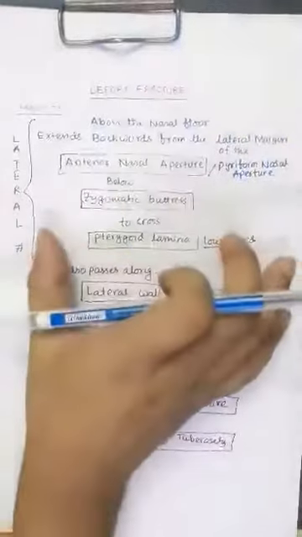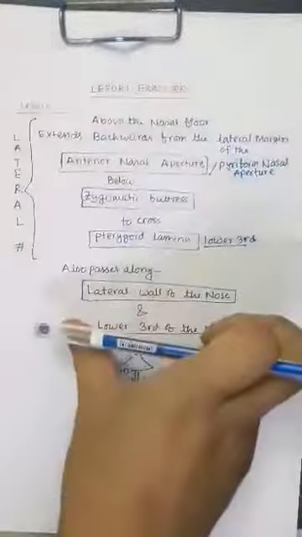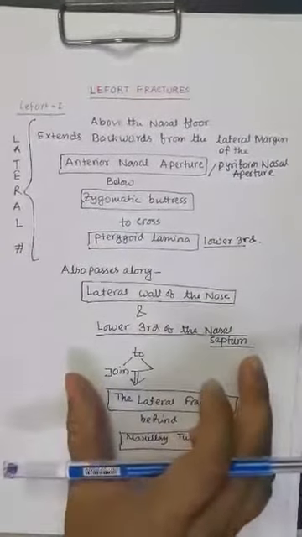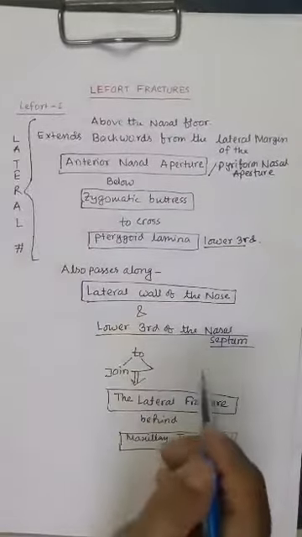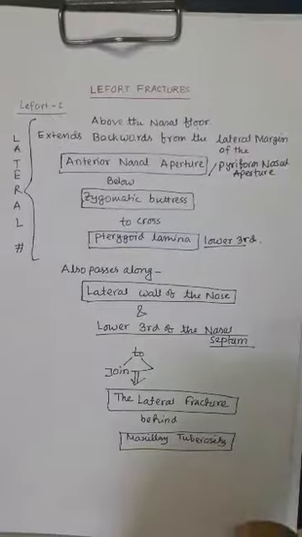It is the lateral fracture. Then it also passes along the lateral wall of the nose and the lower third of the nasal septum, then joins the lateral fracture behind the maxillary tuberosity.